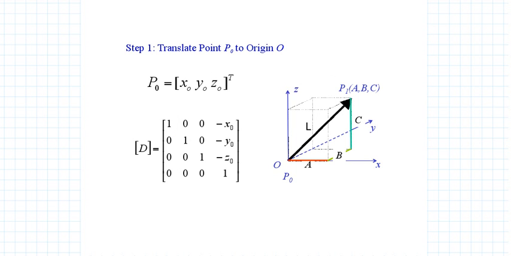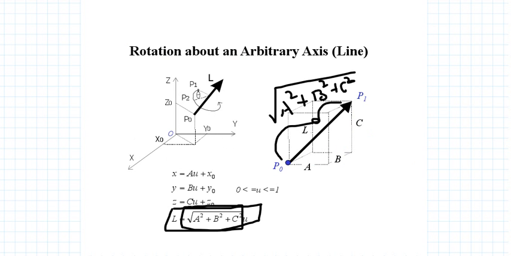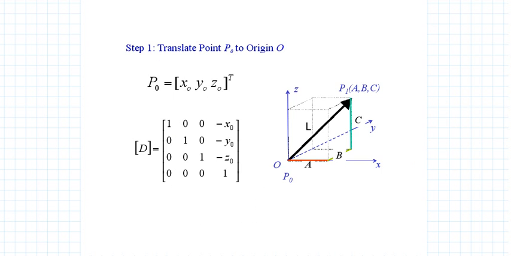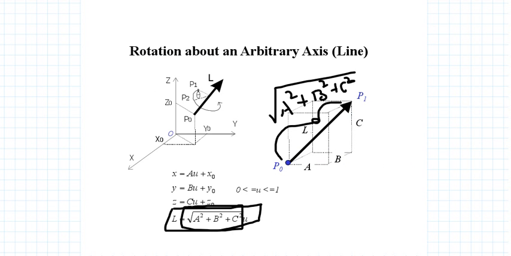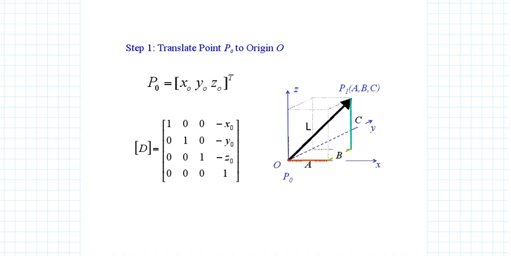Next, as we have discussed some time before, first you have to translate everything so that your arbitrary axis, in this case the line L, passes through the origin, and it can be achieved by this translation matrix.